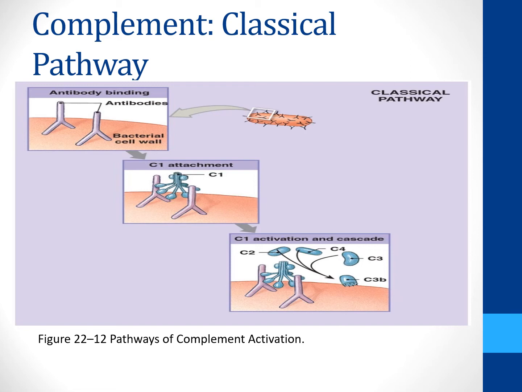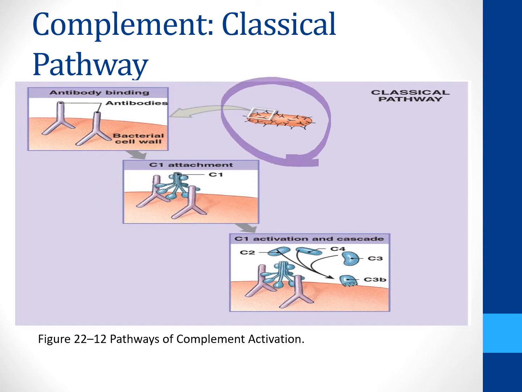So all of these pathways function by killing the pathogen through cell lysis. So it's going to create rupture of the pathogen cell. They also can create opsonization, which is when you have these complement proteins that are covering, like you can see in this picture here, the pathogen.